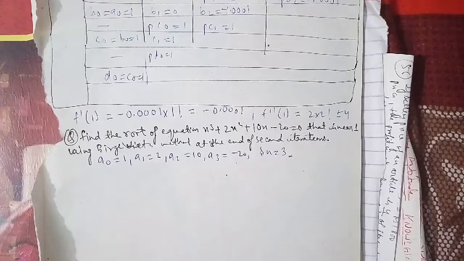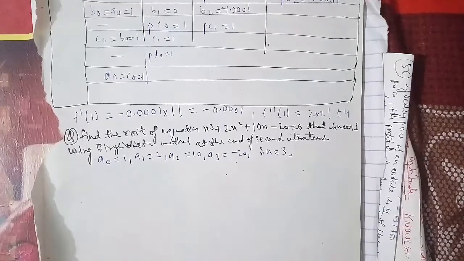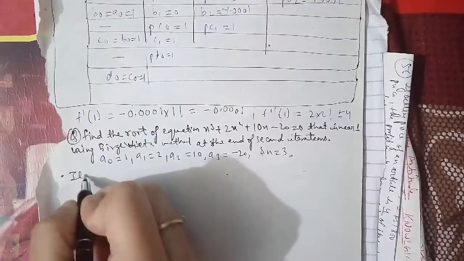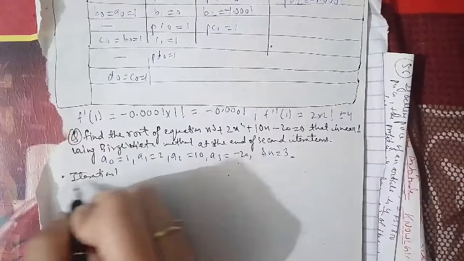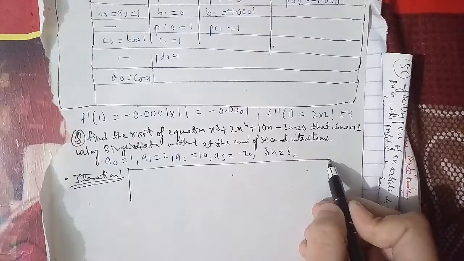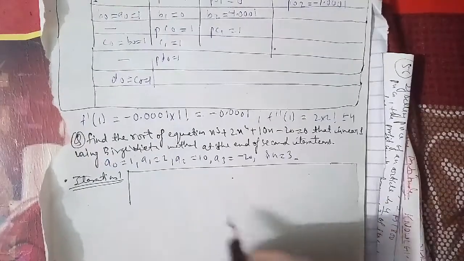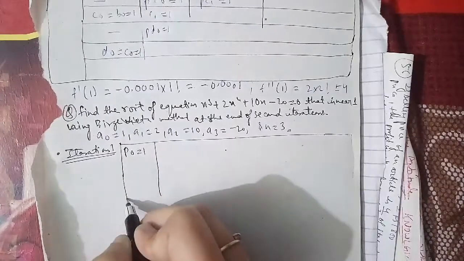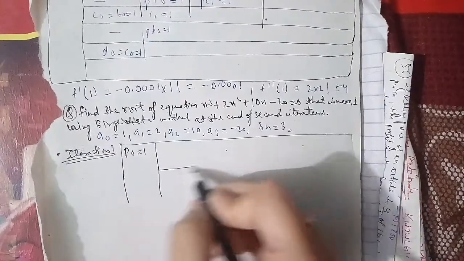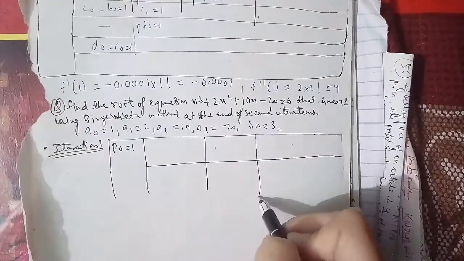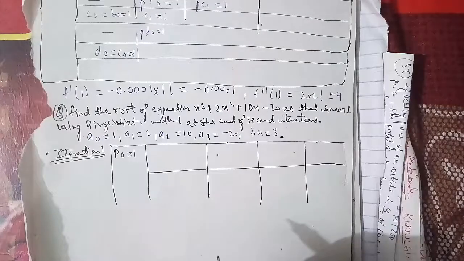We'll go ahead for the solution. For iteration 1, p0 is equal to 1.